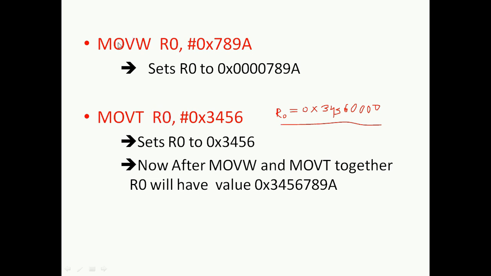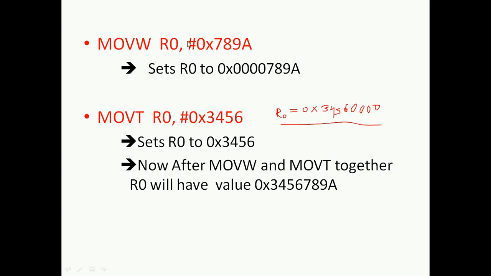If I write suffix W, the immediate value will be loaded into R0 from LSB to MSB, so the content of R0 will be like this. This side starts first, followed by this. After the execution of MOVT, the immediate value will be loaded from MSB to LSB, so this side it will be loaded, not this side.